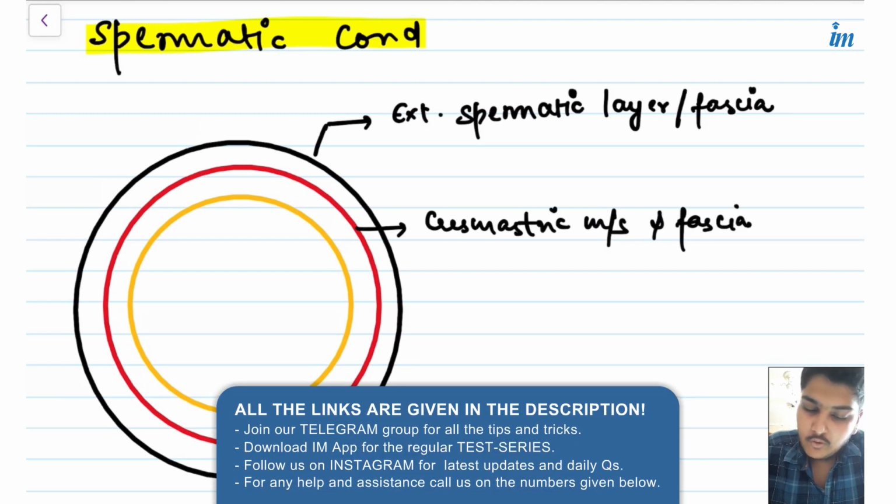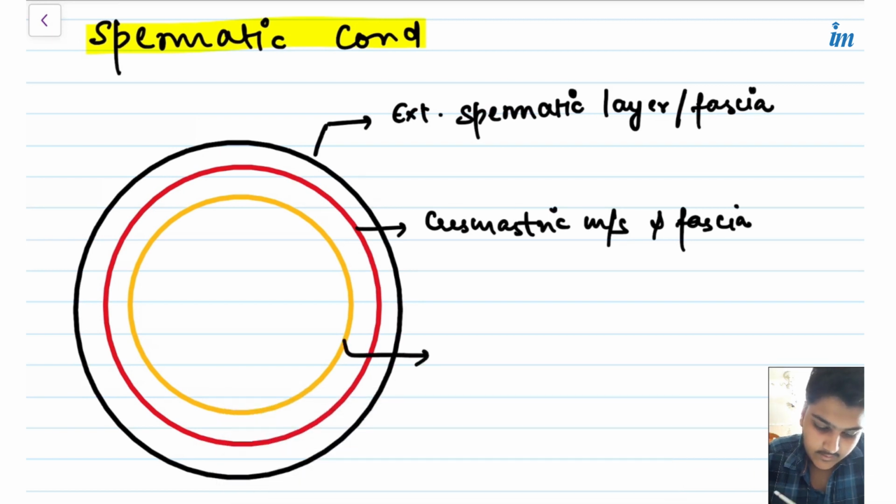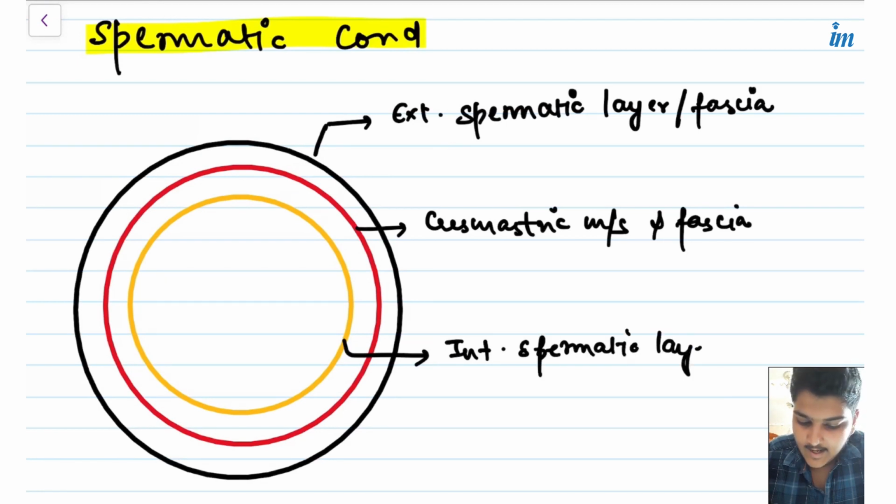This layer contains both the cremasteric muscles as well as the cremasteric fascia, whereas the innermost is the internal spermatic layer or fascia. So there should be no problem in remembering the walls of spermatic cord. It is just from the name: external spermatic, cremasteric, internal spermatic.